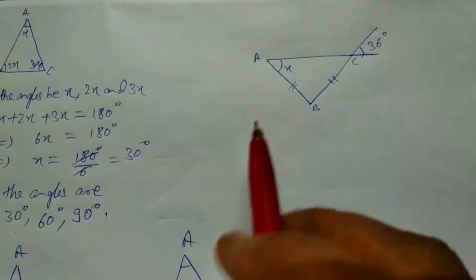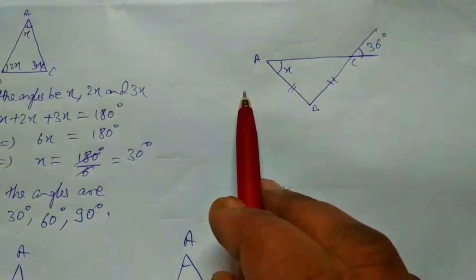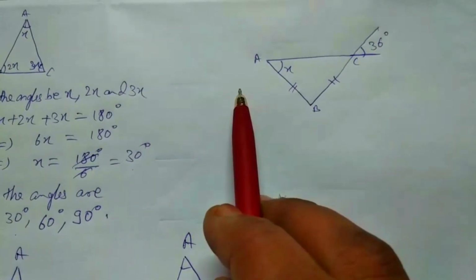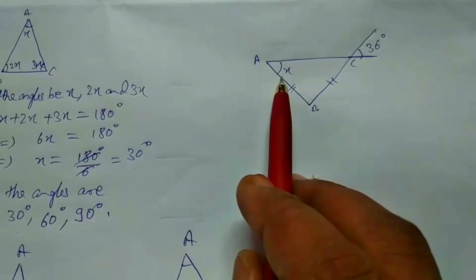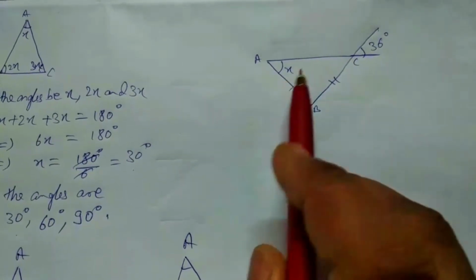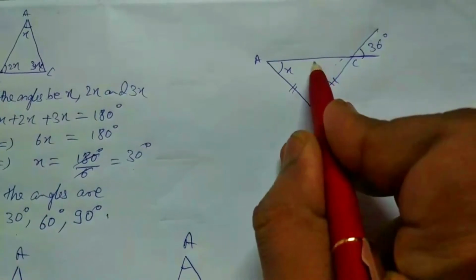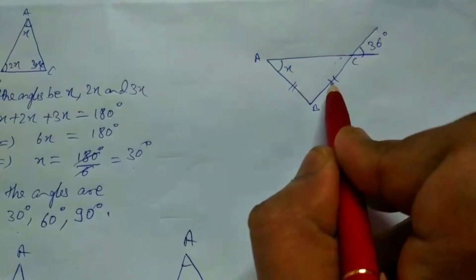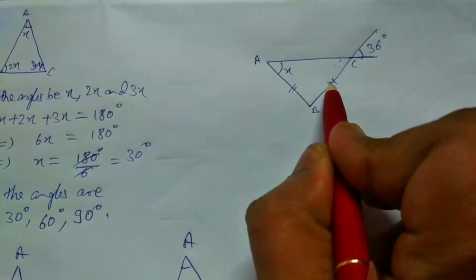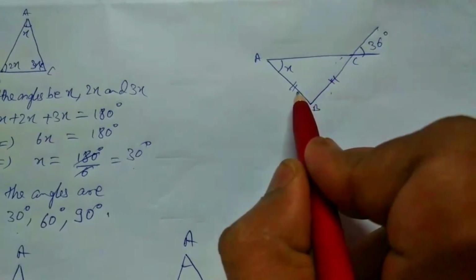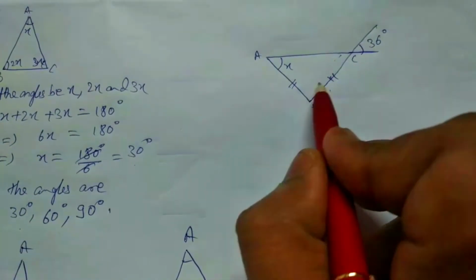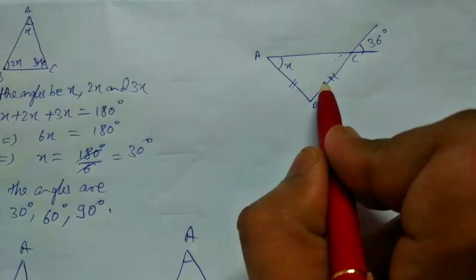Now come to this question. In this question you have to find the value of x. As you can see, this is an isosceles triangle. That means if you see any two sides of the triangle are equal, then you have to understand this is an isosceles triangle.